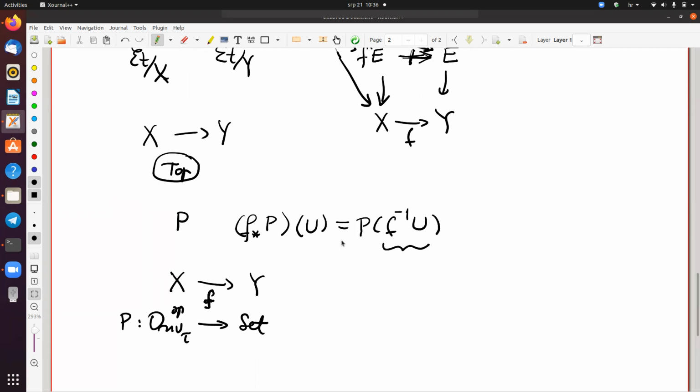This is well defined, and this is a pre-sheaf. The restrictions are well defined.